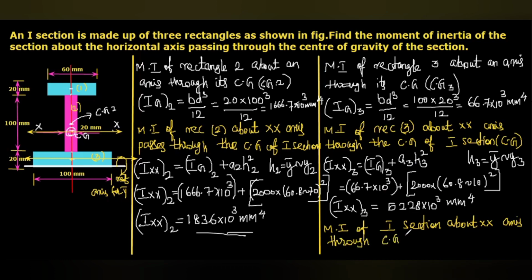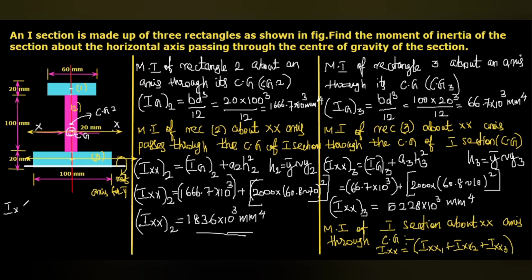For that, we have to add all three. That means we can write Ixx equals the addition of Ixx1, Ixx2 plus Ixx3.